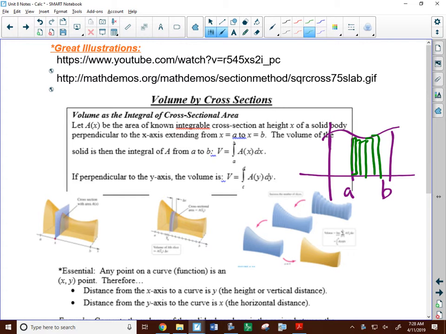So it was based on that. But overall, we made it that it was the integral from a to b for whatever function this is. And that would add up all the rectangles to get the area under the curve. Okay. Well, what we're going to do now is just take that one step further.